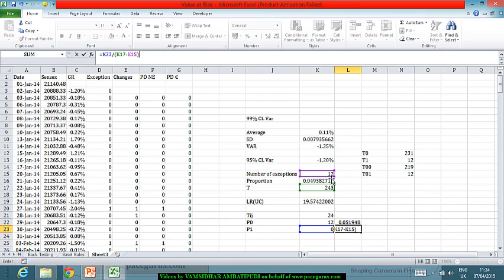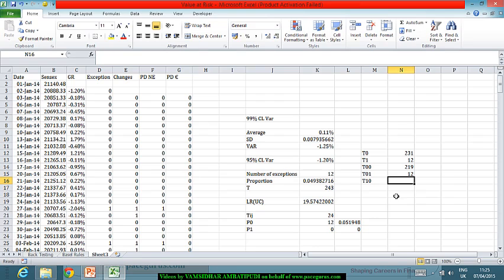So overall P1 works out to this much, and T01 is coming out to this. Then I have T10, or probably first I can compute T11, where the previous day was also an exception, which comes out to T1 times P1, which is 0, and this will become T1 times 1 minus P1.